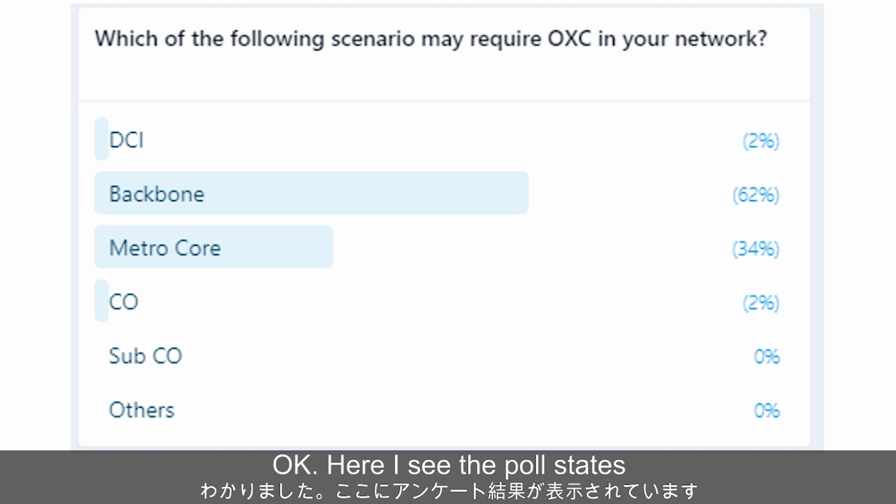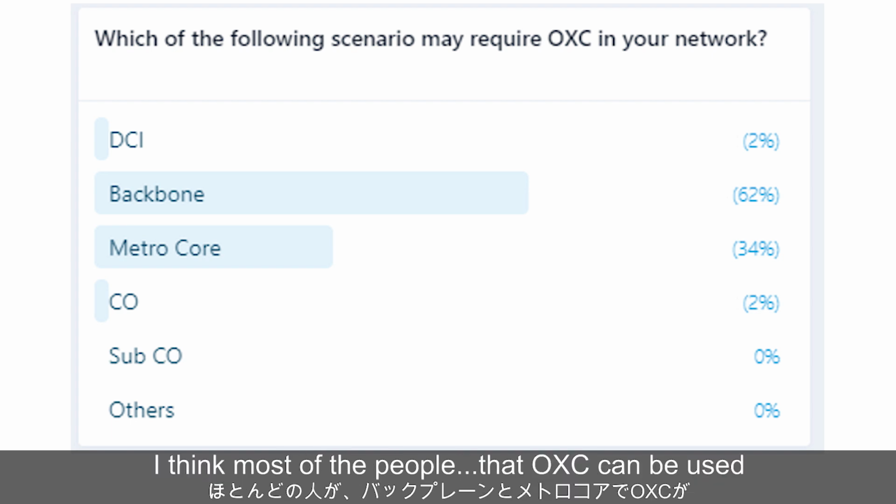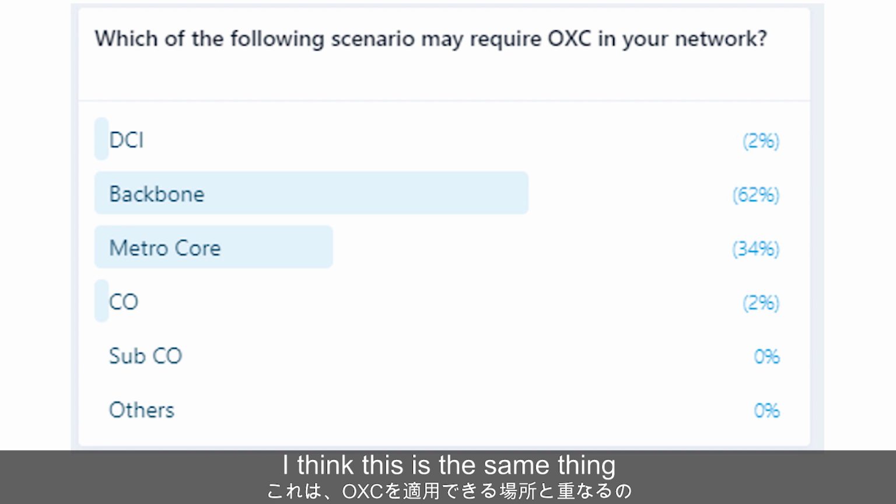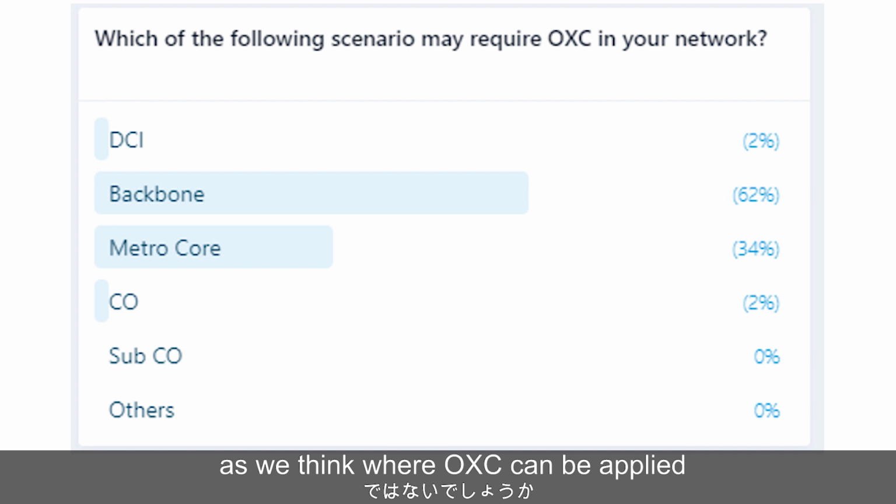Okay, so here I see the poll results. I think most of the people think that the OXC can be used in the backplane and the metro core. I think this is the same as what we think.